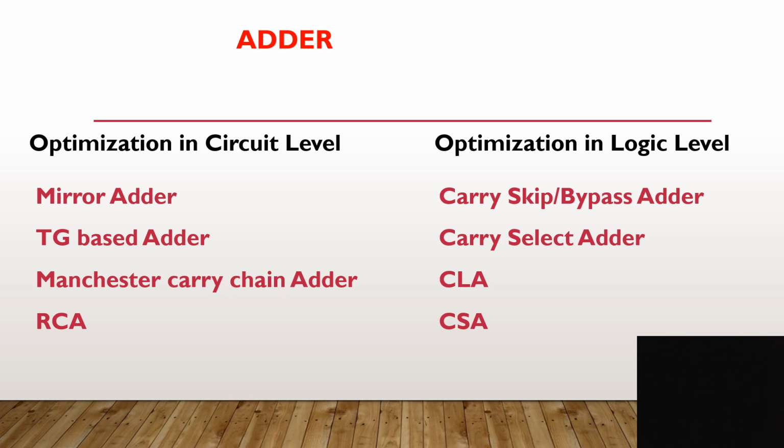If we go for optimization at the circuit level, we have to go for the mirror adder, transmission gate based adder, Manchester carry chain adder, as well as ripple carry adder. Whereas if you want to optimize the adder at the logic level, we have to go for carry skip or bypass adder, carry select adder, carry lookahead adder, and carry save adder. We have to see all these adders one by one.